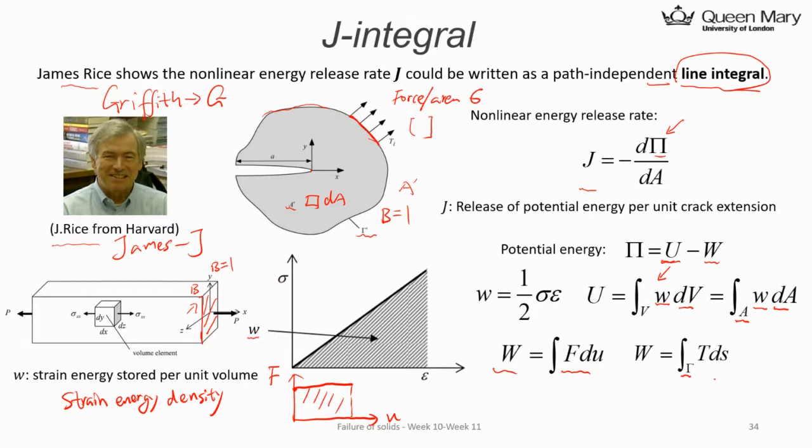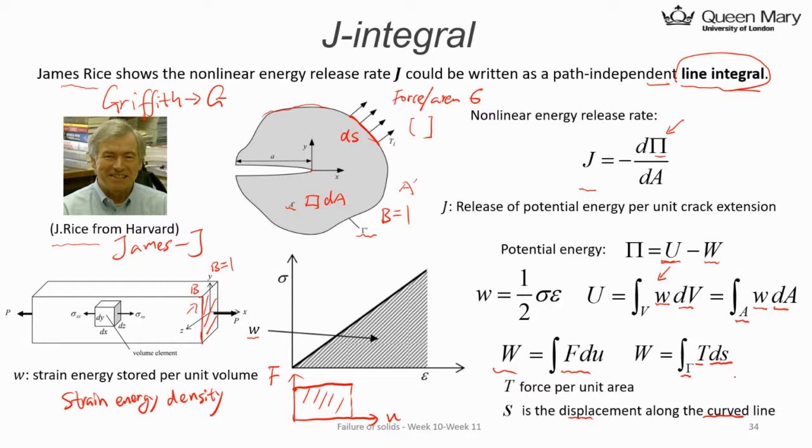And T is basically the force per unit area, a traction, times the small amount of line, which is here, okay? T is defined here. S is the displacement along the curved line. The reason we do it is because the curved shape doesn't necessarily mean the displacement is uniform.